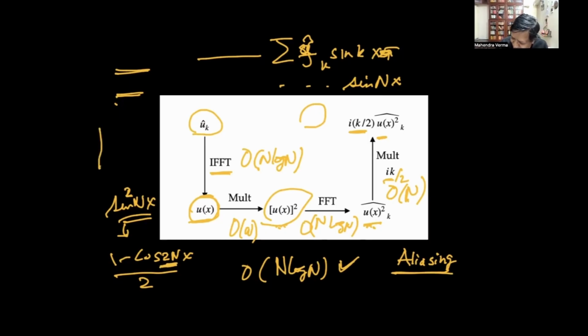People who have studied the theory of Fourier transforms will know this. Suppose my real spectrum, mod u hat k squared, is like this, maybe like this, going down. But my cutoff, my maximum wave number, is here. Then what happens to these ones?